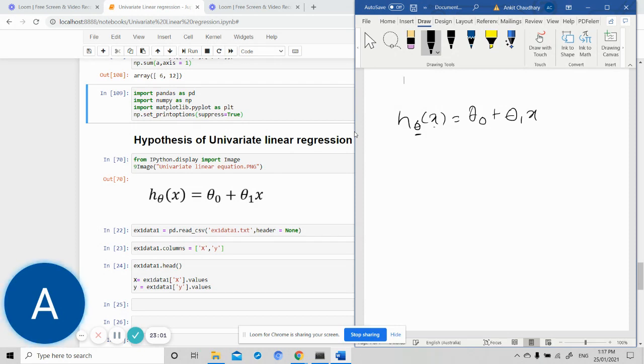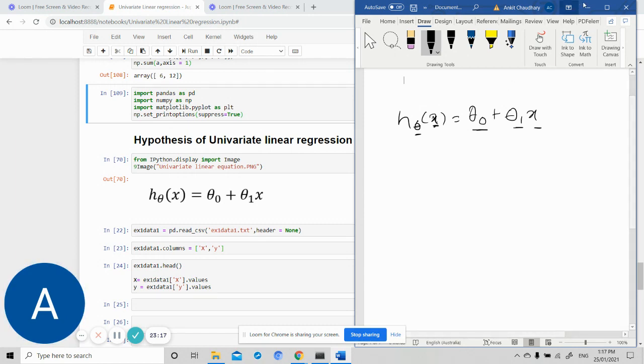Why do we need the suffix theta and x? Because this hypothesis is dependent on theta and x. That's why we denote here suffix theta and we write here x.